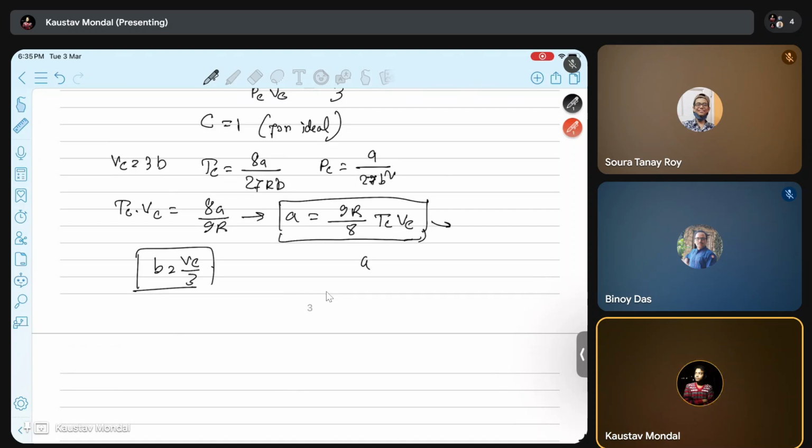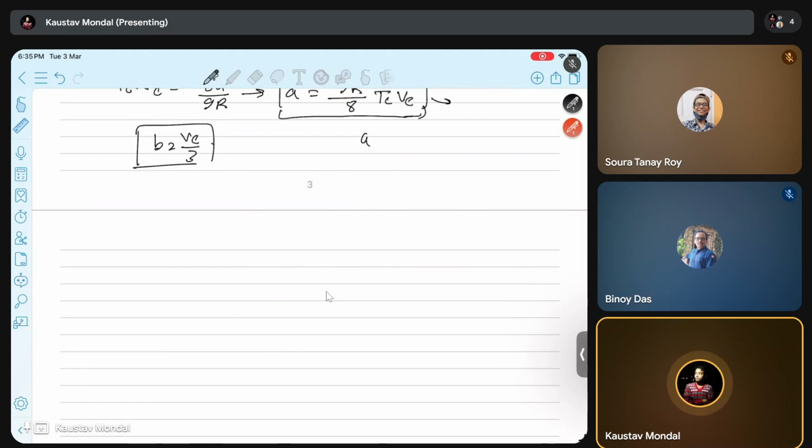Now we'll be showing a very important thing, the virial expression of the van der Waals gas equation.